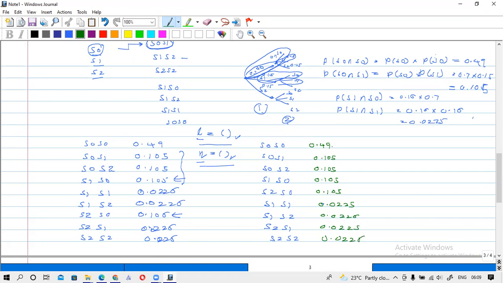So we have 0.49, four terms of 0.105, and four terms of 0.0225. I hope this is correct.